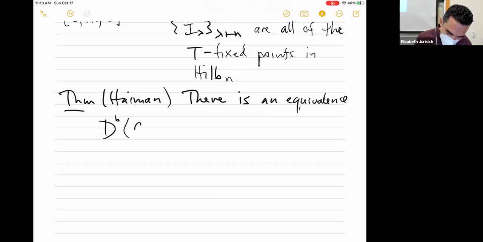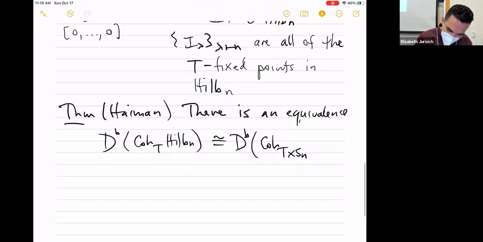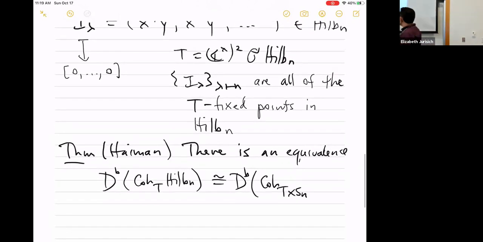So T-equivariant coherent sheaves on Hilb^n is equivalent to the derived category of T × S_n equivariant sheaves on C^2n. So there's the symmetric group making an appearance.